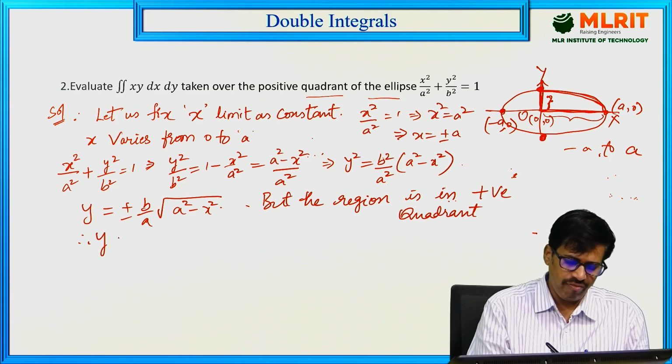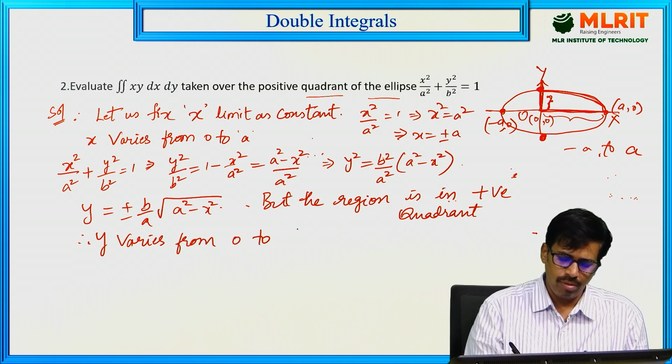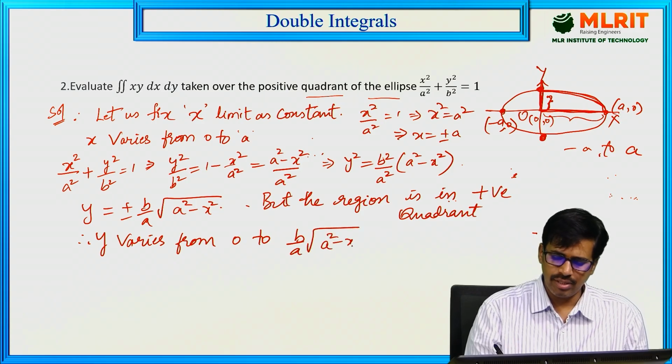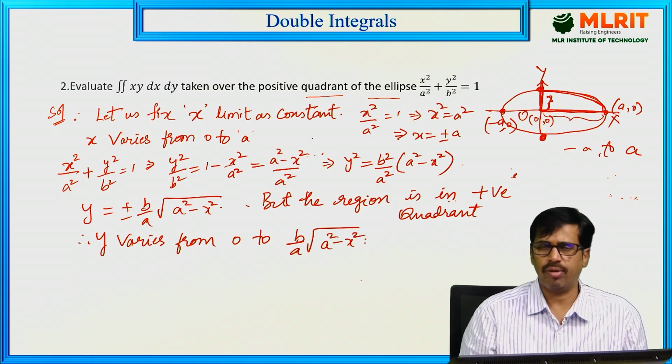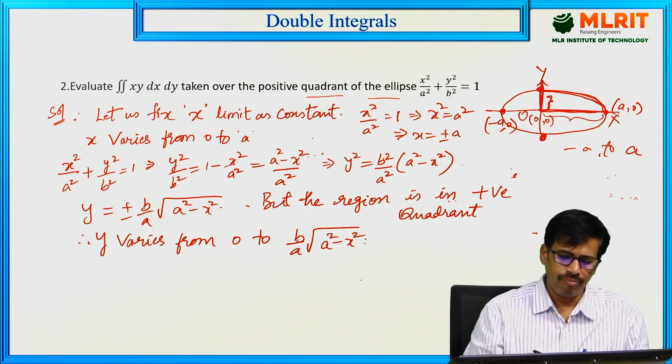Therefore, y varies from 0 to plus b by a under root of a square minus x square. So we have identified the limits for x and y, right?